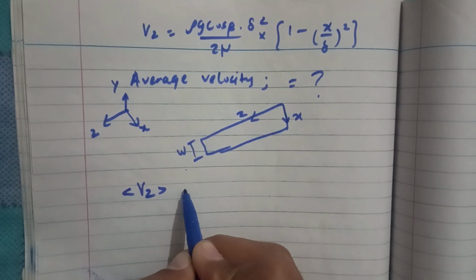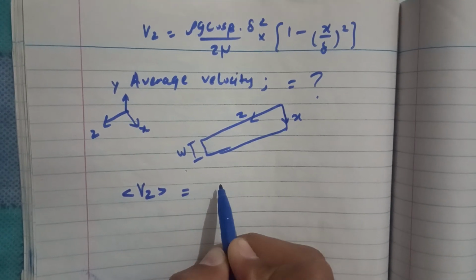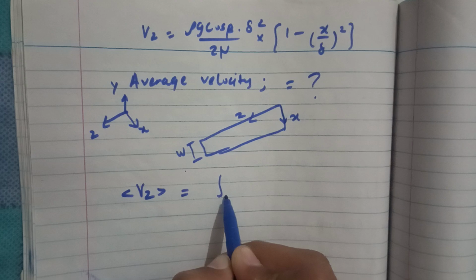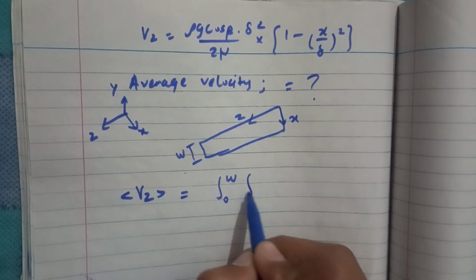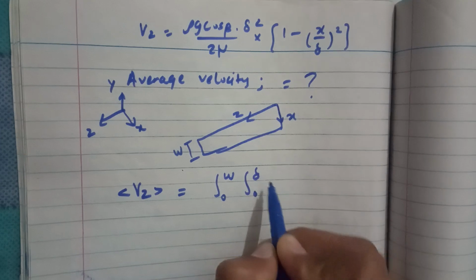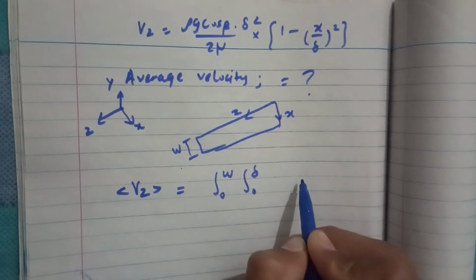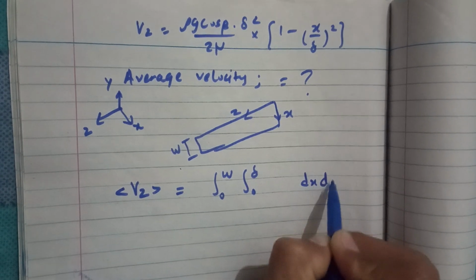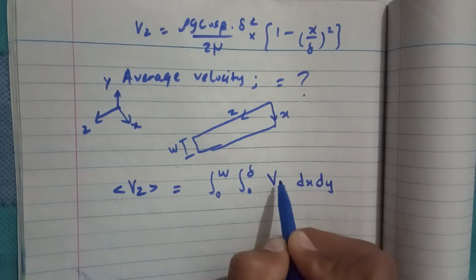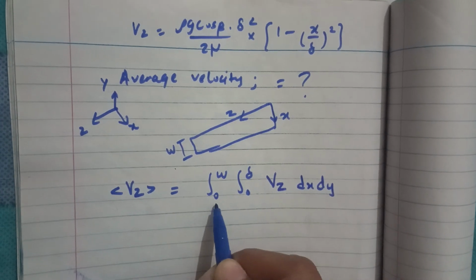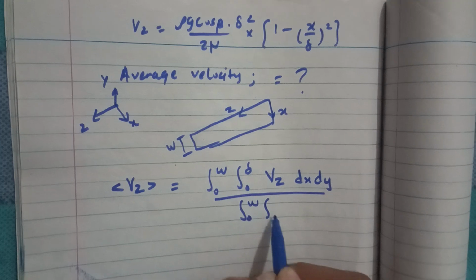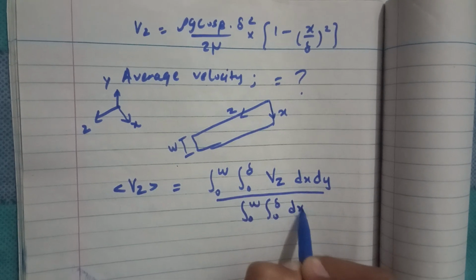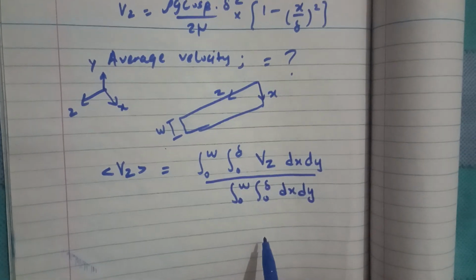We represent average velocity with these symbols. So we put it equal to the double integral from 0 to w, which represents the y direction, and from 0 to delta, which represents the x direction, of the velocity distribution dx dy, divided by the integral from 0 to w, 0 to del, dx dy.